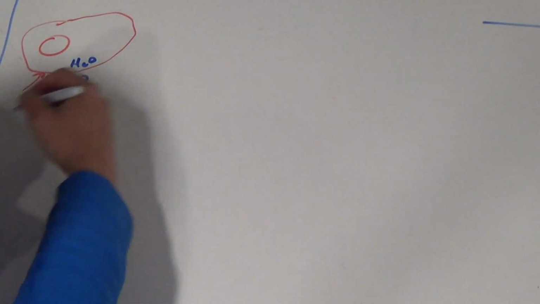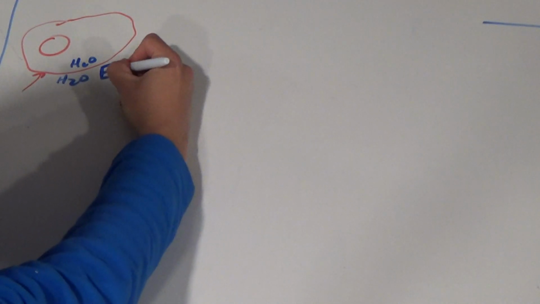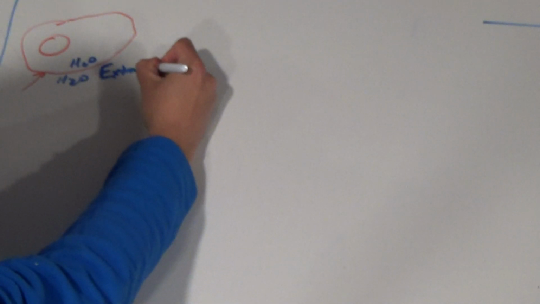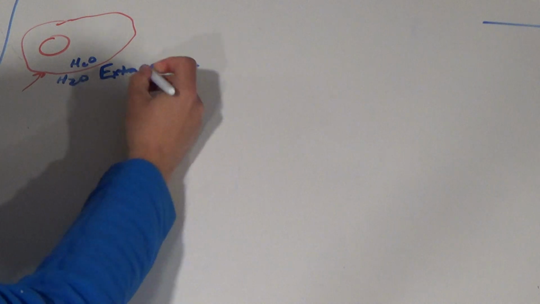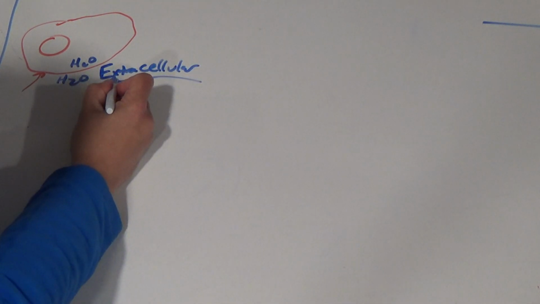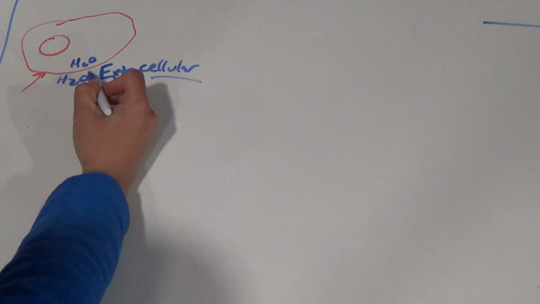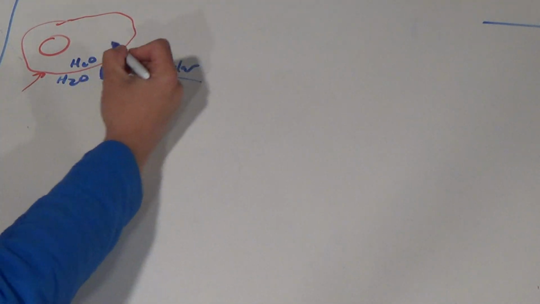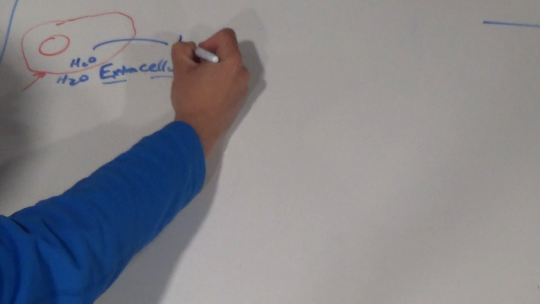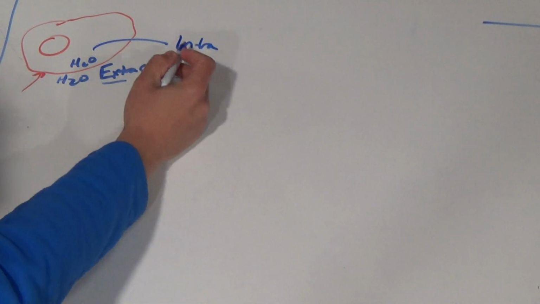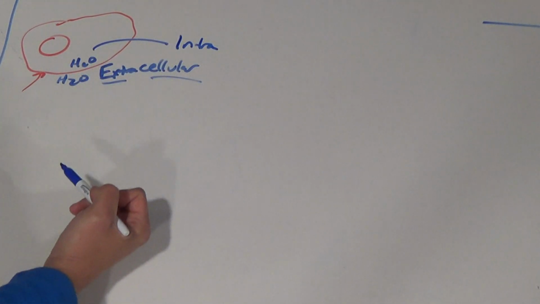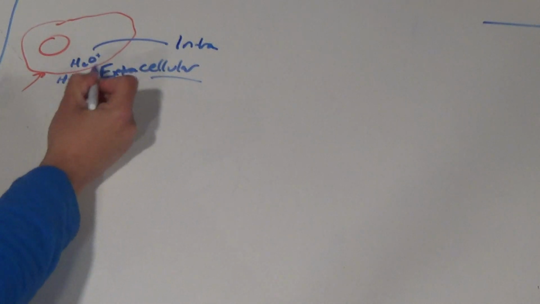So you've got what you call extracellular fluid out here on the exterior of the cell, mostly water. And this right here is called intracellular fluid, within the cell. So right here you've got polar and polar.